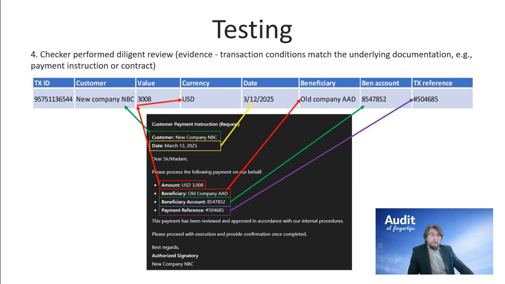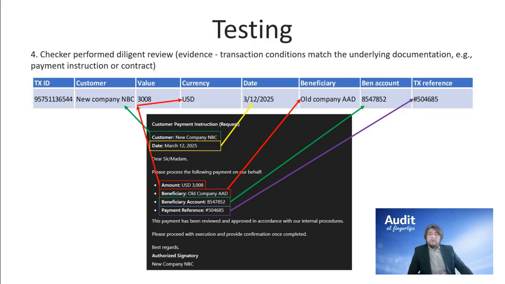So here we're trying to apply our knowledge and to imitate the step of the review, right? We need to end up with the same review result as we see in the transaction log. So for instance, if we see that something doesn't match, it should be rejected, right? The transaction should be rejected.